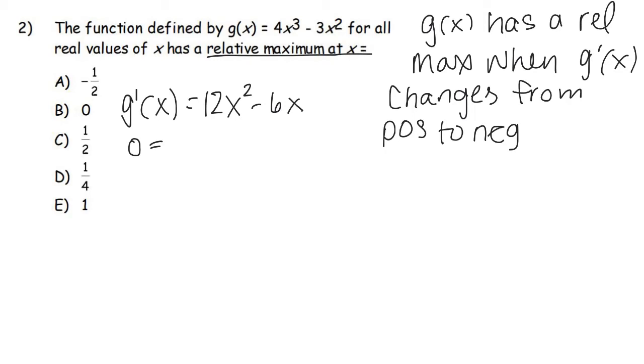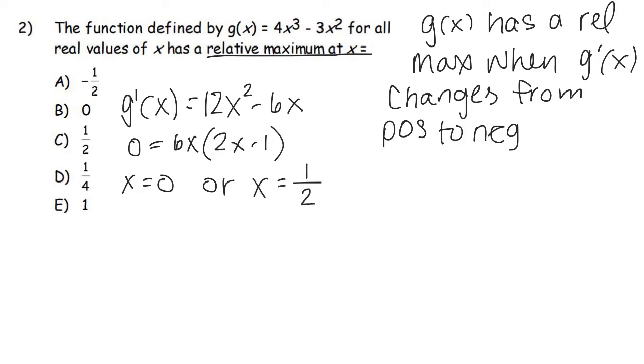So in factoring this, it looks like I have a common factor, so I'm going to factor out 6x. And so I have a 2x minus 1 left. And solving for x, notice that we get x can be 0 or x can be 1/2.